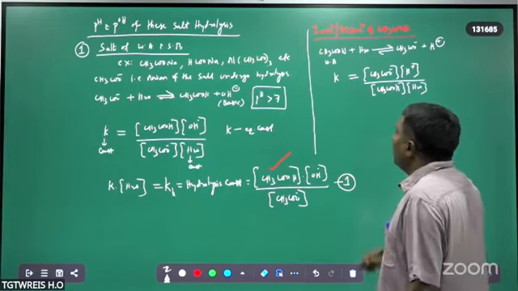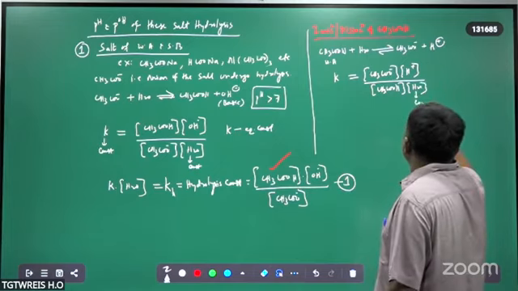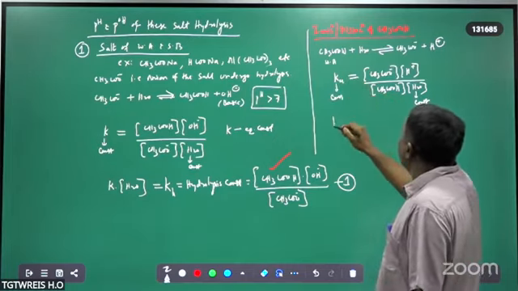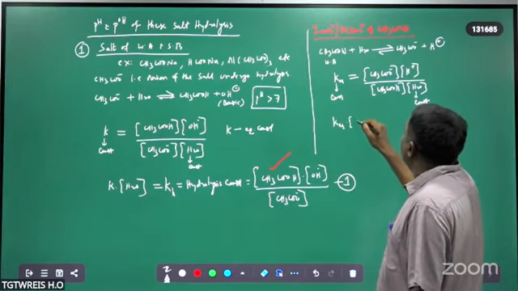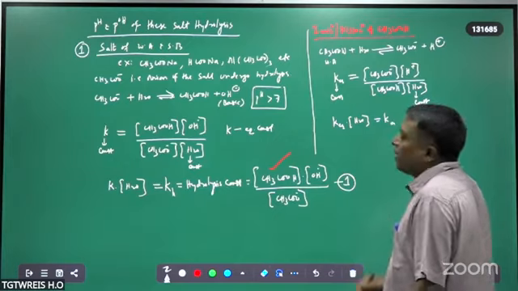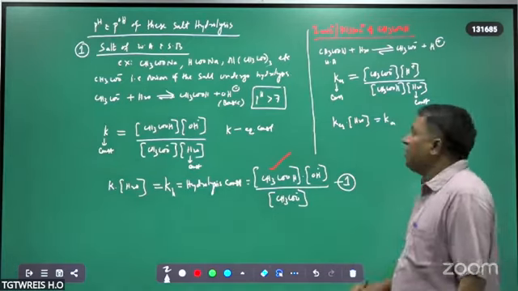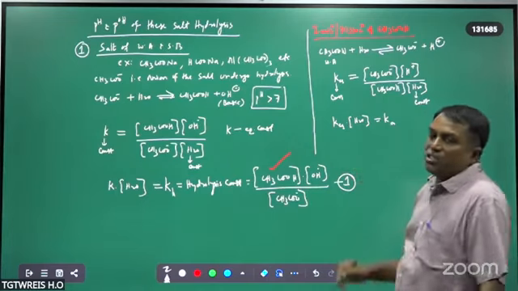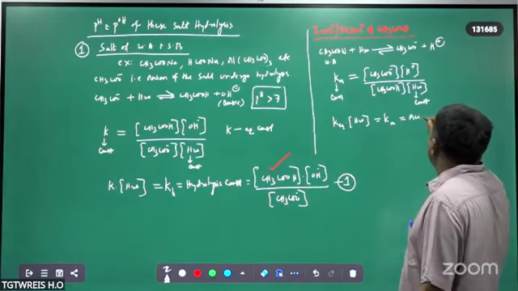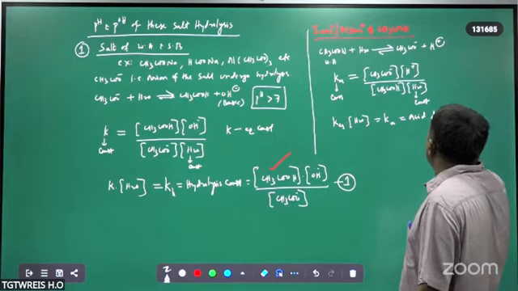Similarly, K and the molar concentration of water are both constants. K into the concentration of water is equal to the acid dissociation constant, Ka, because it is the dissociation of a weak acid.